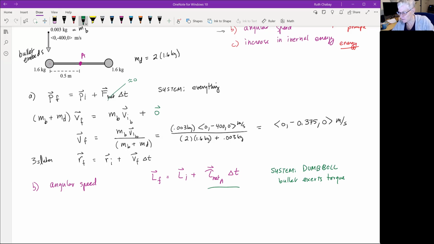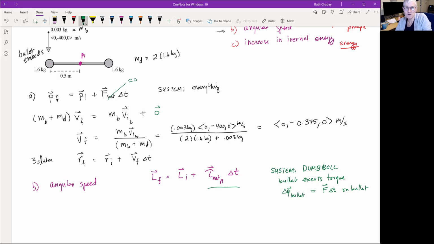It's a little complicated because the change in momentum of the bullet should be equal and opposite. The change in momentum of the bullet tells us the impulse applied to the bullet, right? And so an equal and opposite force should be applied to the dumbbell.